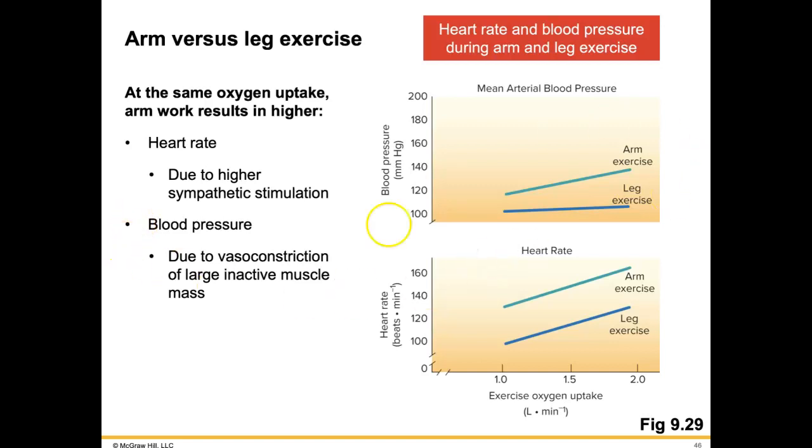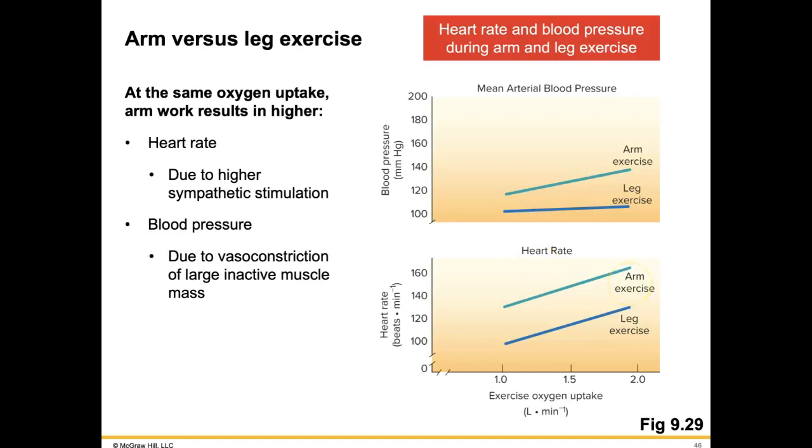And when we look at the heart rate down here, it is going to be due to a higher sympathetic stimulation, whereas our blood pressure is due to vasoconstriction of large and active muscle mass. So remember that vasoconstriction is going to increase the pressure within that vessel.